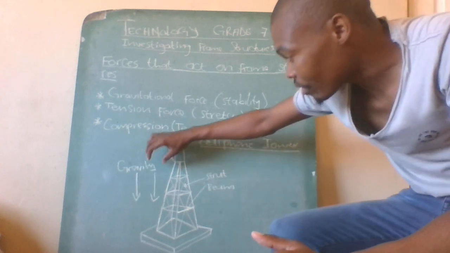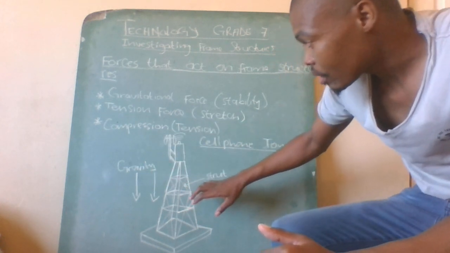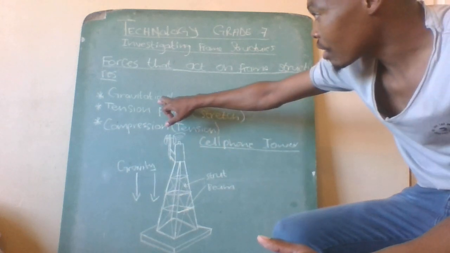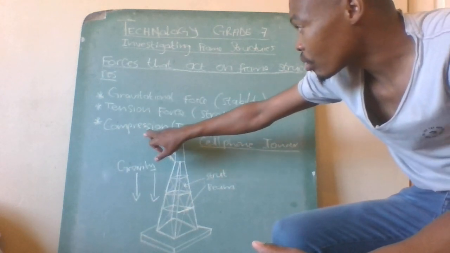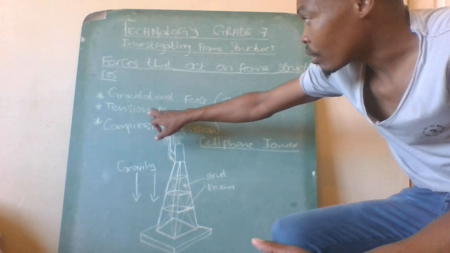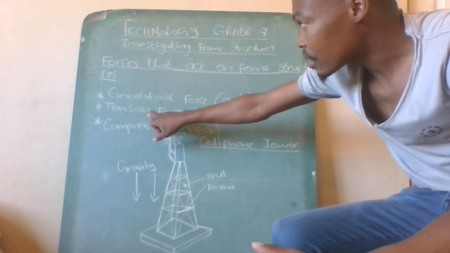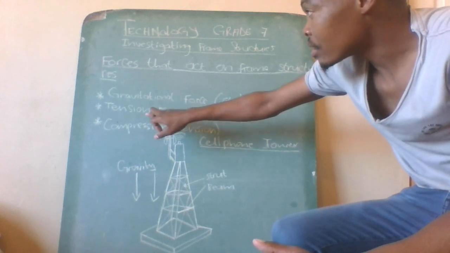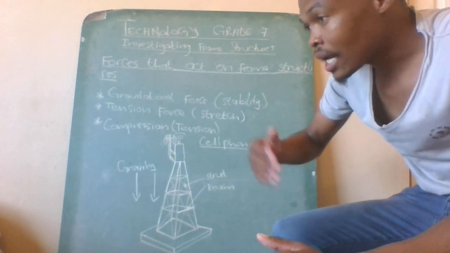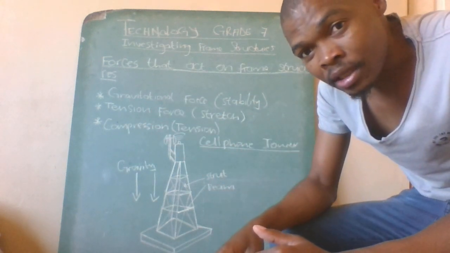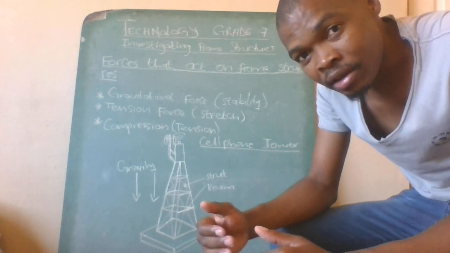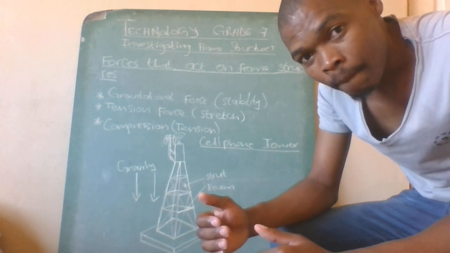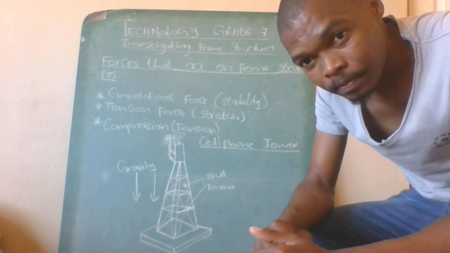So the force of gravity is important, because without the force of gravity, there will be no tension force, there will be no compression force, or these forces will be useless. So the gravitational force is a major determinant of what the other forces that act on objects are and what the effect of those is.